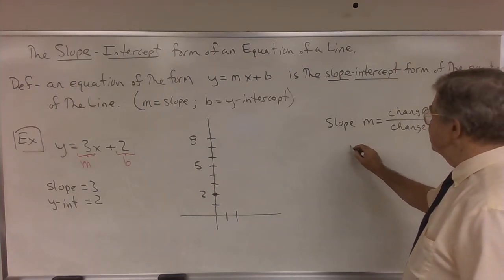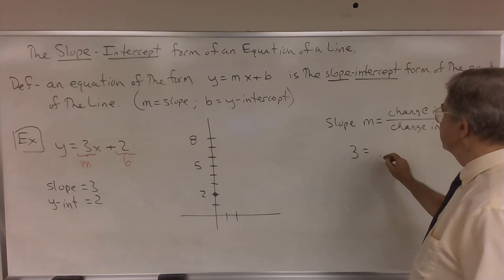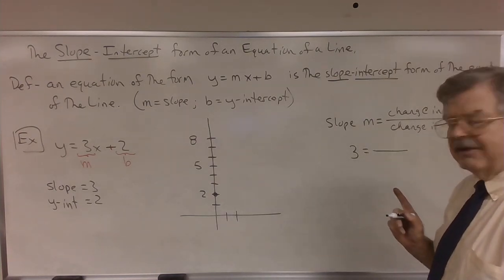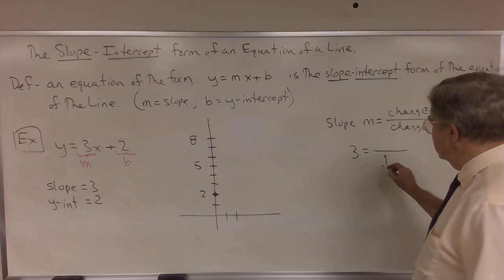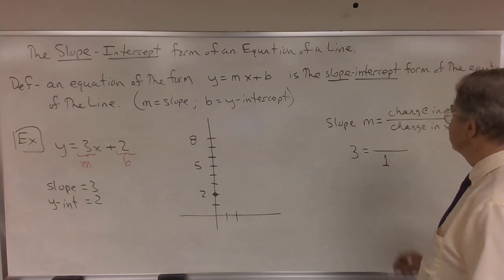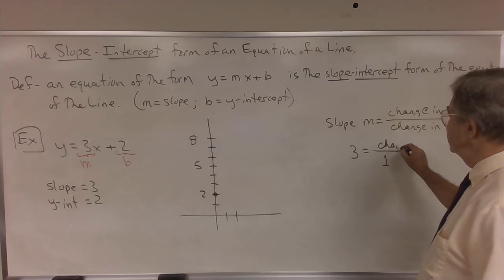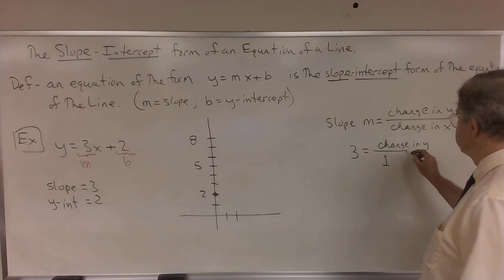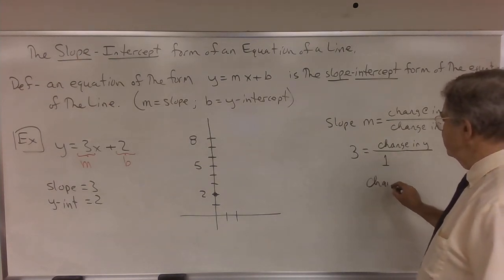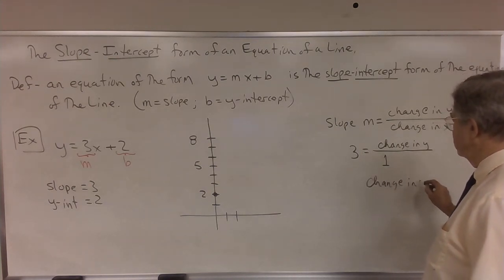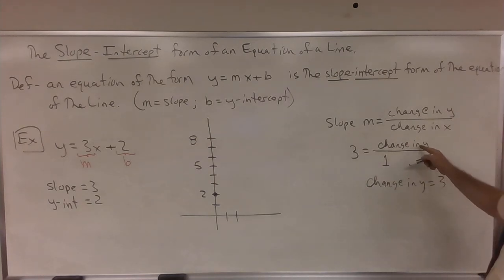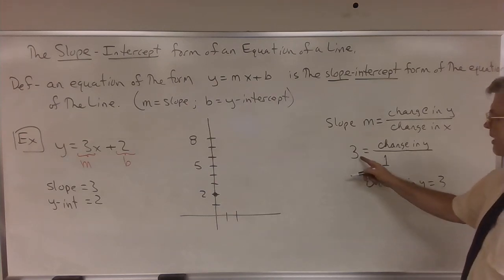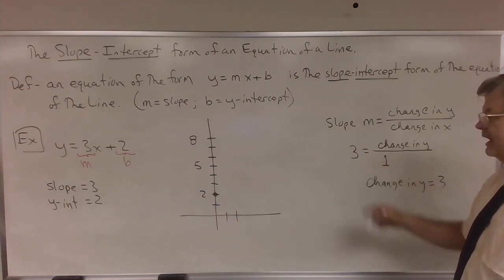So if m equals 3, and we let the change in x be 1, then change in y is going to be 3, isn't it? Change in y divided by 1 is just the change in y. So we have the change in y equals 3.